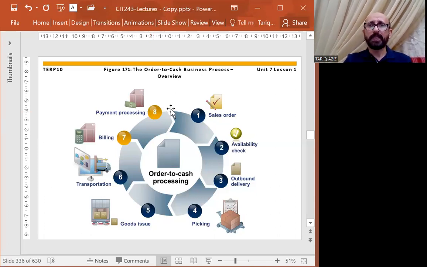So in this cycle, we are touching financial accounting, we are having sales processes, and we are also touching material management. So sales is integrated with 2 other modules: material management and financial accounting.